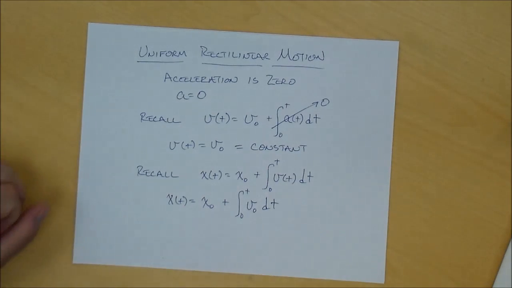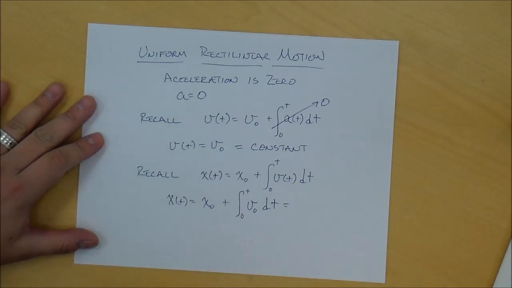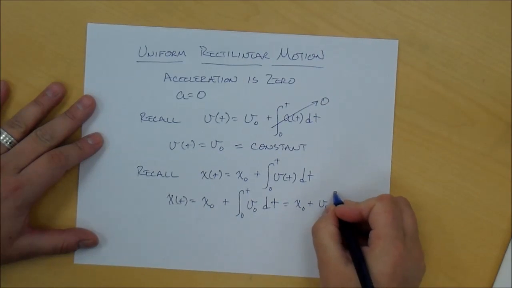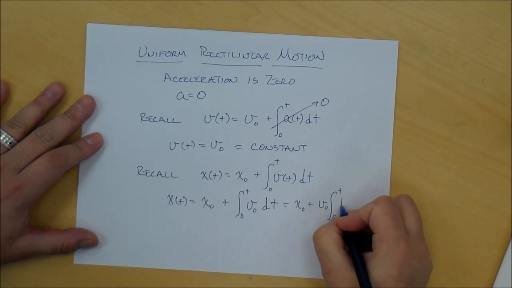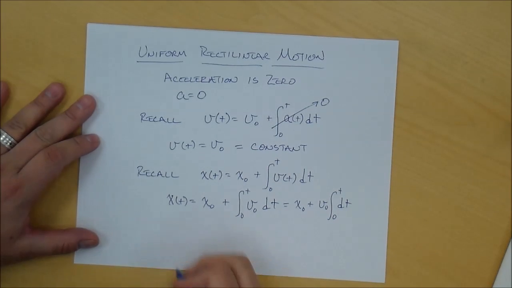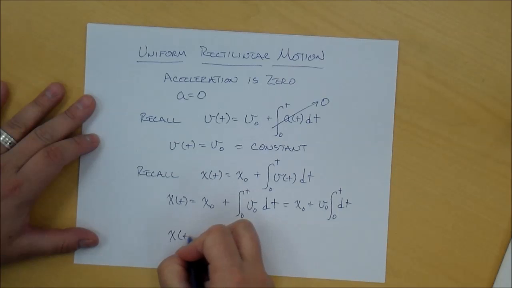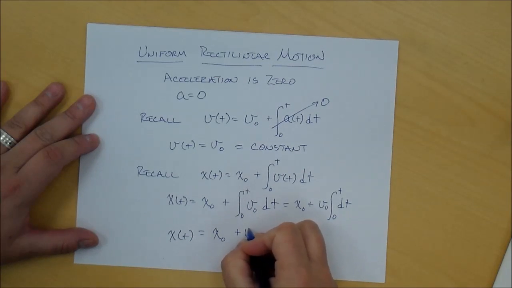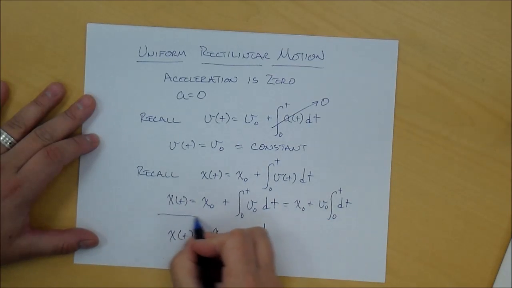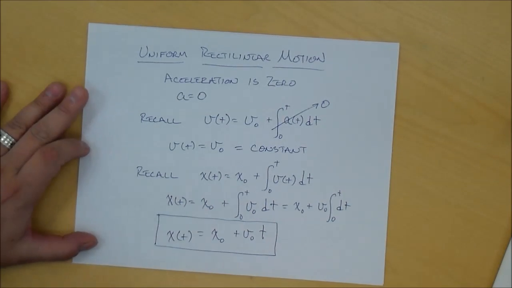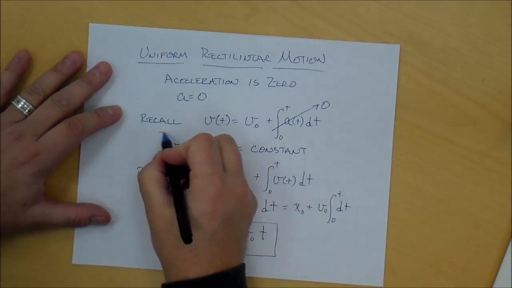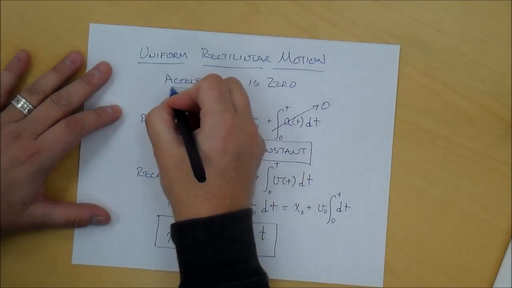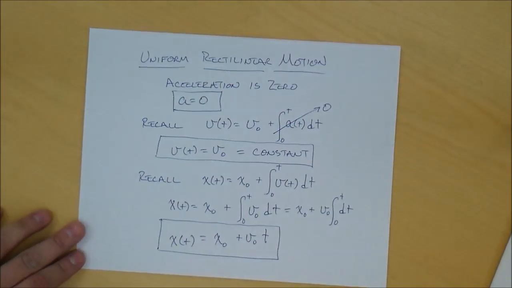And since v naught is a constant, it can be pulled outside the integral, so this is x naught plus v naught, the integral from 0 to t of dt. And the result of this integral is that the position as a function of time is equal to x naught plus v naught t.